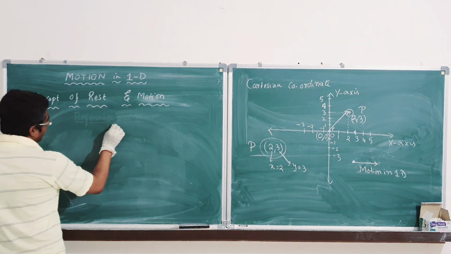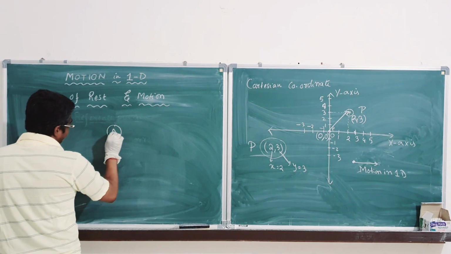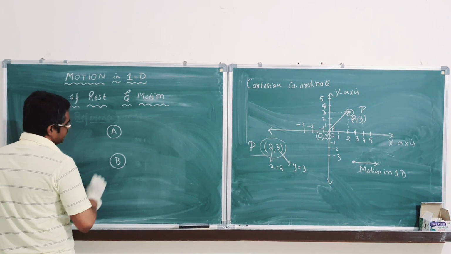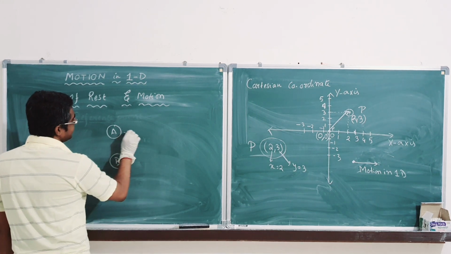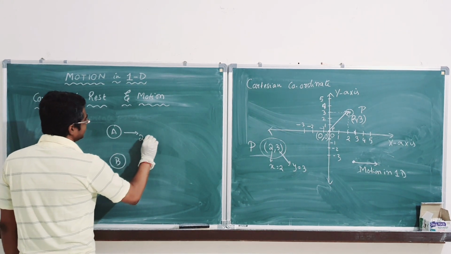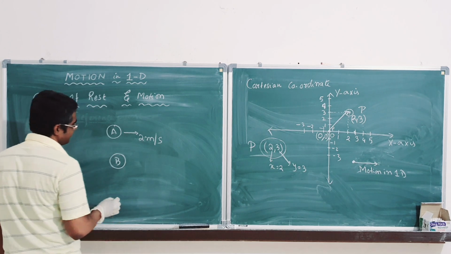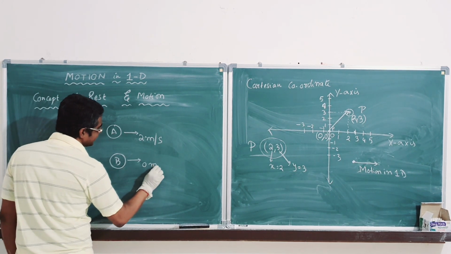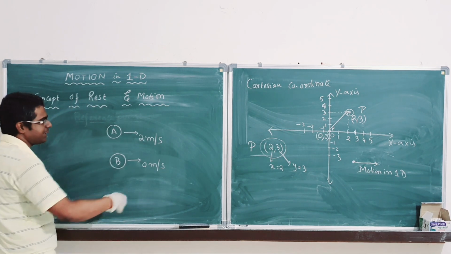Suppose there is a body A, and here is another body B. Body A is moving at 2 meter per second. Body B is moving at 0 meter per second, meaning it is not moving with respect to surroundings.